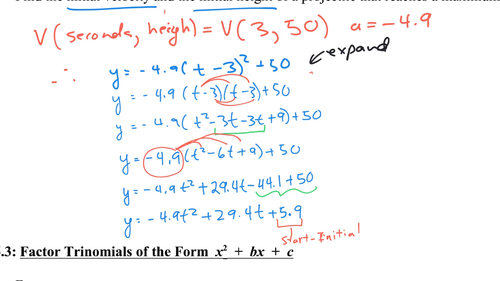So that is what our starting height is. If we were drawing a picture of what's actually happening here, you've got your chart like so, and here it is. Its starting value when t is 0 is 5.9.